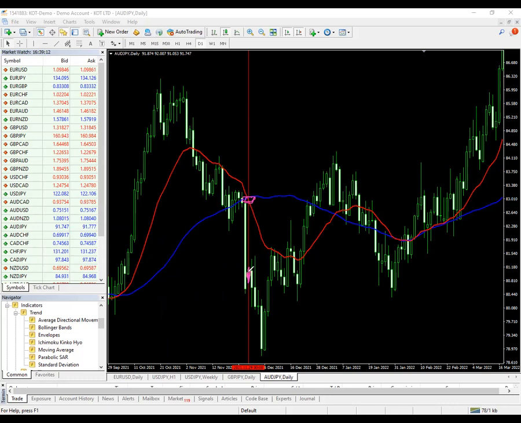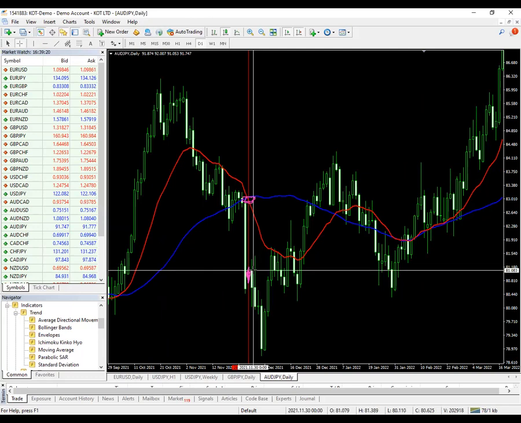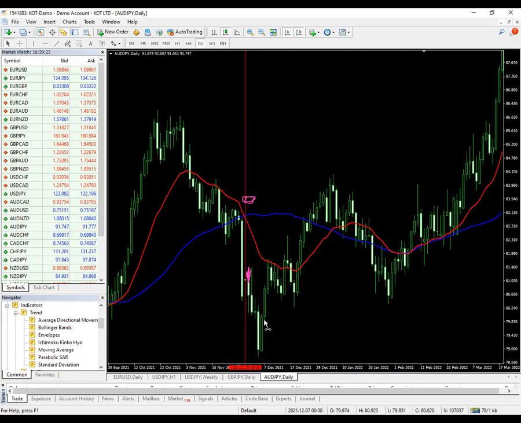The cross happened on this candle, asking for a sell. So if you sold from that candle, let's look at how many pips down there would have been on the downside. That is 232 pips.